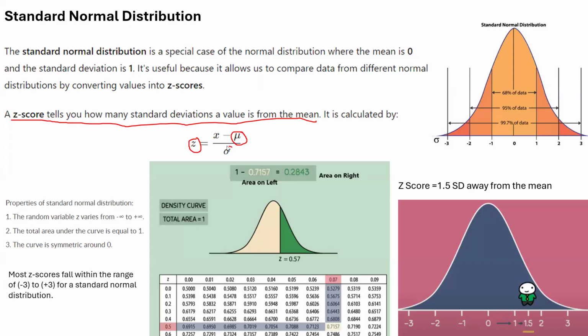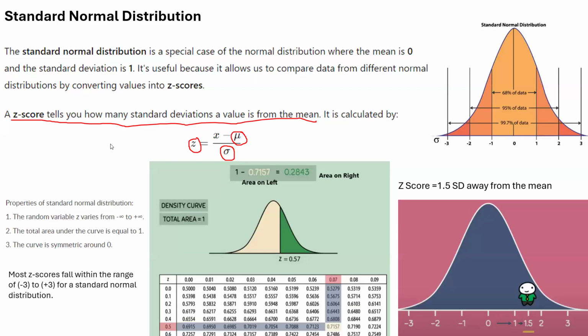What is the standard deviation? 1. So Z will always be equal to x in the standard normal distribution, but this would be different in normal distributions where the mean is not equal to 0 and the standard deviation is not equal to 1.